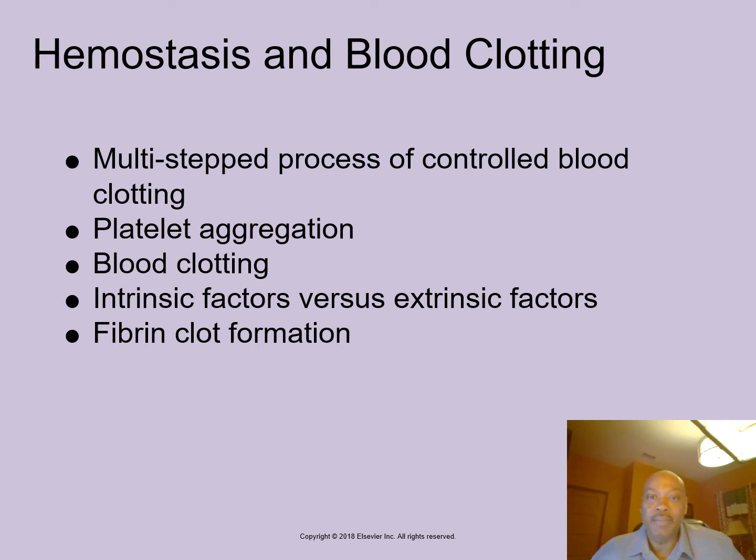So just go ahead and look at that multi-step process, and hopefully it will begin to make more and more sense to you. Just remember, you have one enzyme. For example, if it was a 7-step process, number 1, that enzyme has to activate number 2, and number 3, and so forth and so on until you get that fibrin clot.